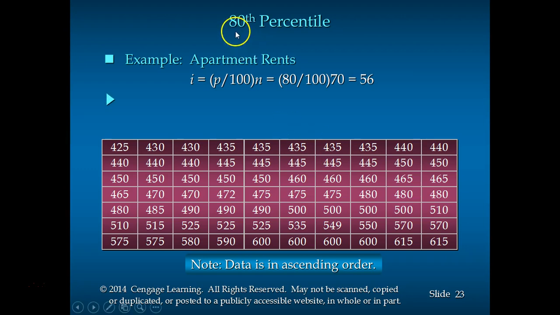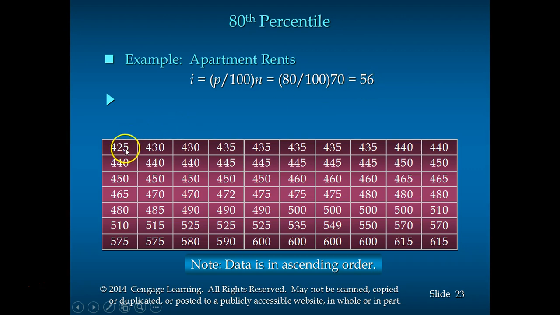Suppose I'm interested in the 80th percentile. For P, I put 80, okay? Divided by 100 times 70. 70 is the total number of observations or data points, okay? When you multiply this, you get 56.